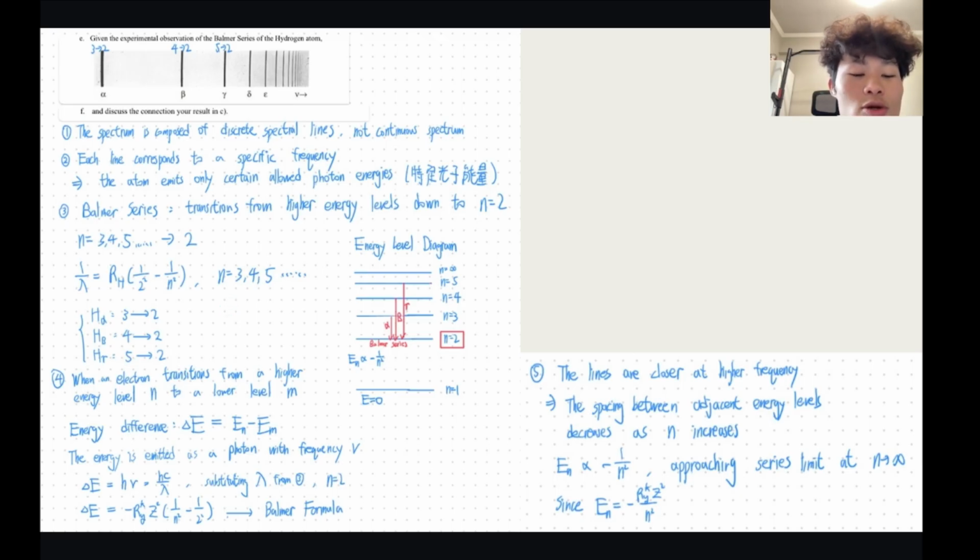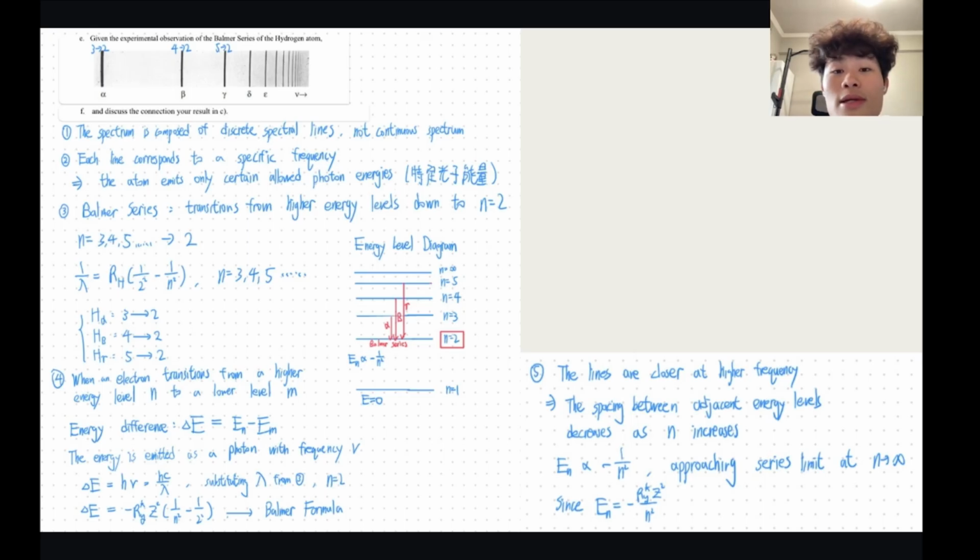So when an electron transitions from a higher energy level n down to a lower level m, the energy difference delta E is En minus Em. The energy is emitted as a photon with frequency v. Delta E now is h times v and equals hc over lambda.